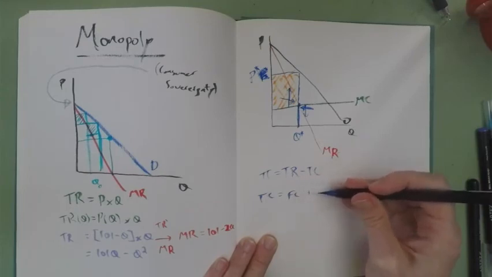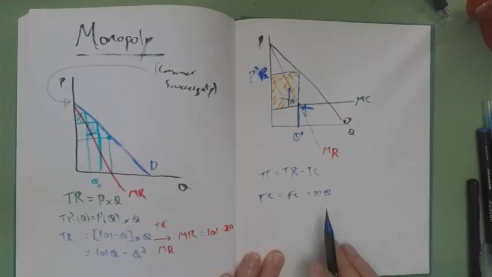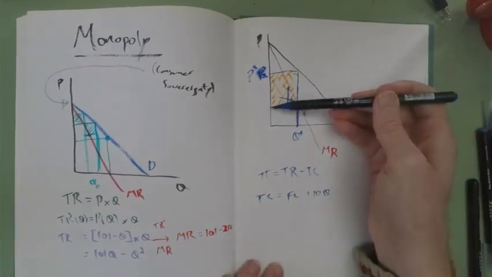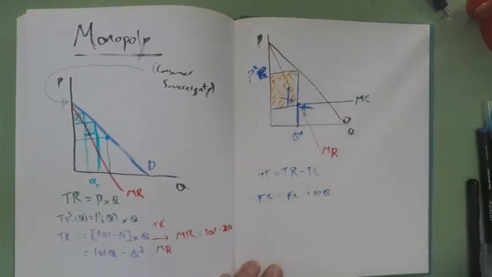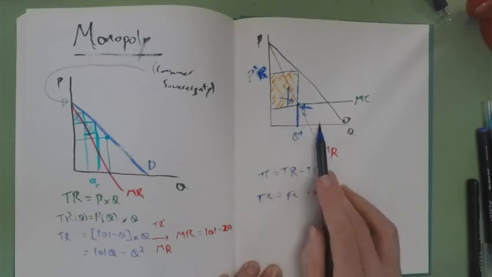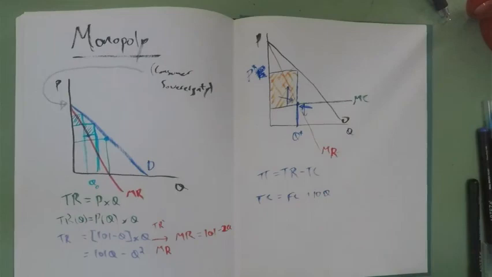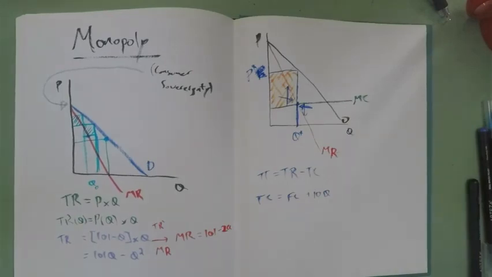But then let's just make it $10 per unit, right? $10 times Q. So if they sell an extra unit, they increase their cost by $10. And that's what this horizontal line represents. One more unit, this much more to their cost. Sell a bunch more units, you get this much more cost. Now, I did make it a little upward sloping, but that's just sloppy graphing.